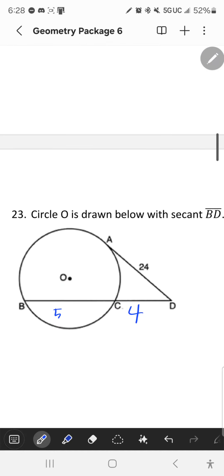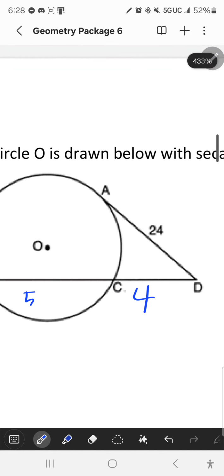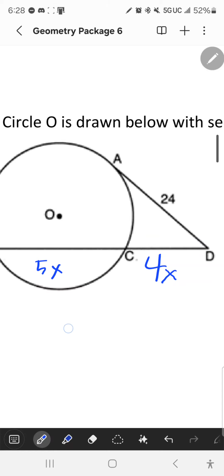Now, when they're talking about the ratio, it doesn't mean that this is necessarily 4 itself. It's 4 times something, and this is going to be 5 times something, because if we say 4x over 5x, the x will just cancel out, and it will be 4 over 5.